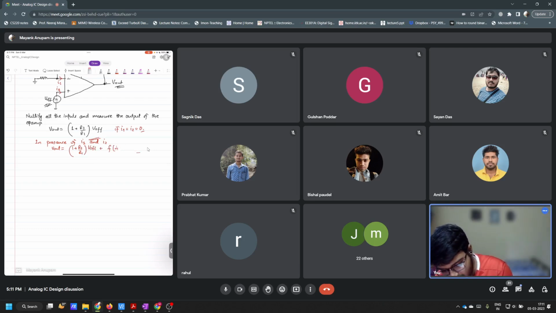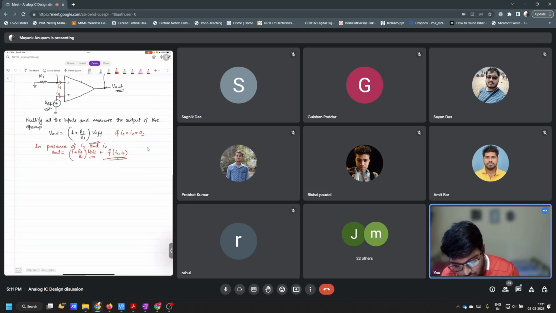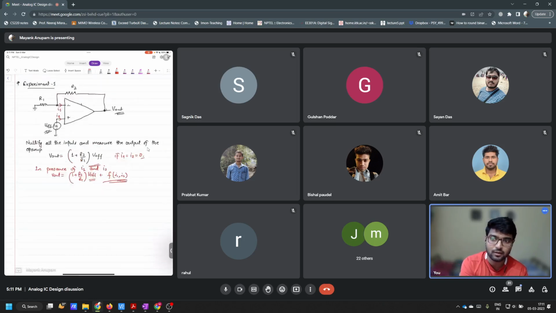So you cannot directly find V offset from this equation anymore. Now you need two more equations to find out how I1 and I2 affect the overall system, right?